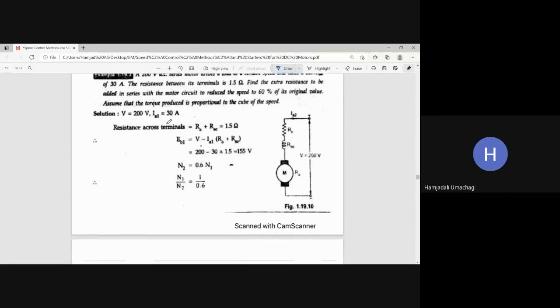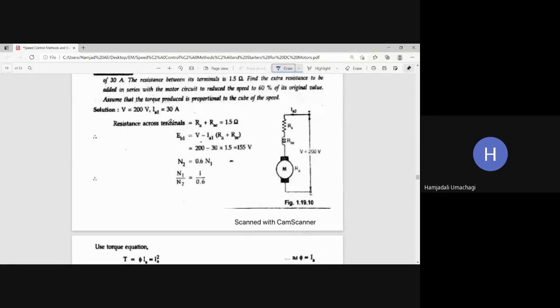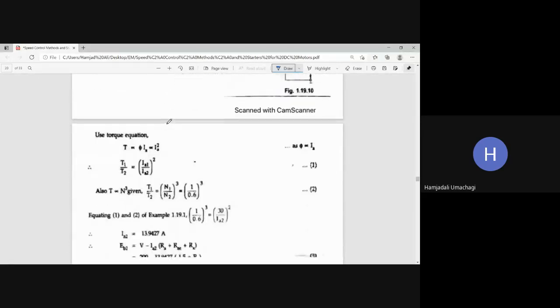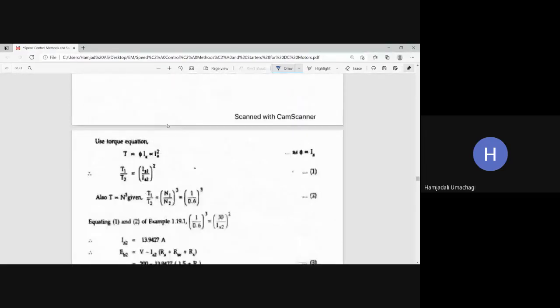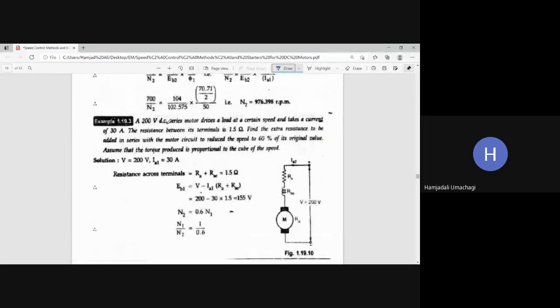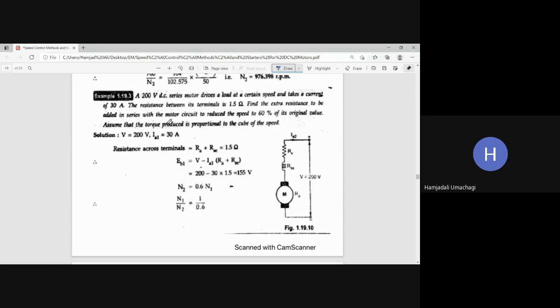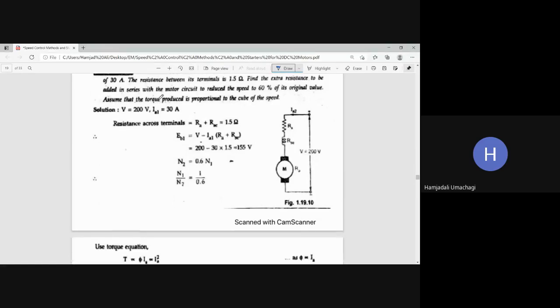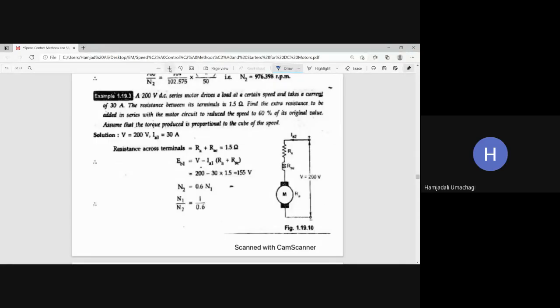But before going to solve the problems, I would like to explain one more concept. Shall I solve the problem now? Let us solve the problem and then we'll move to the next concept. I request all the students to note down this problem.